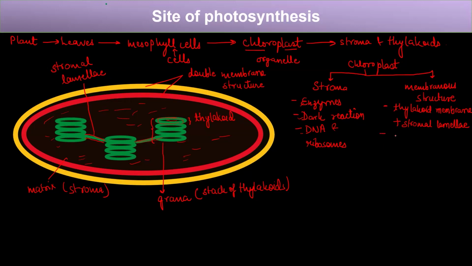The membranous structure is the site for light reaction, and it contains pigments such as chlorophyll.